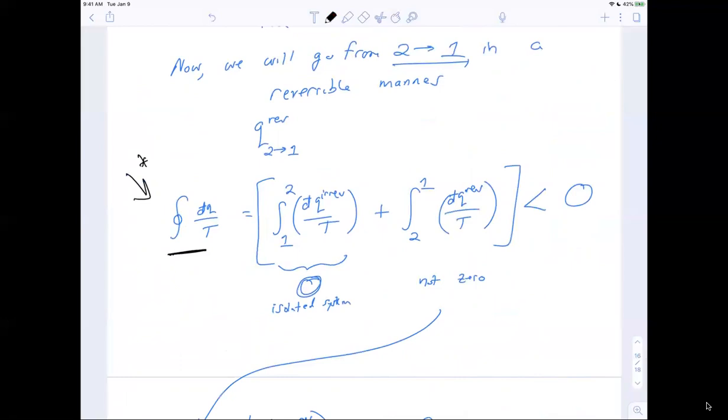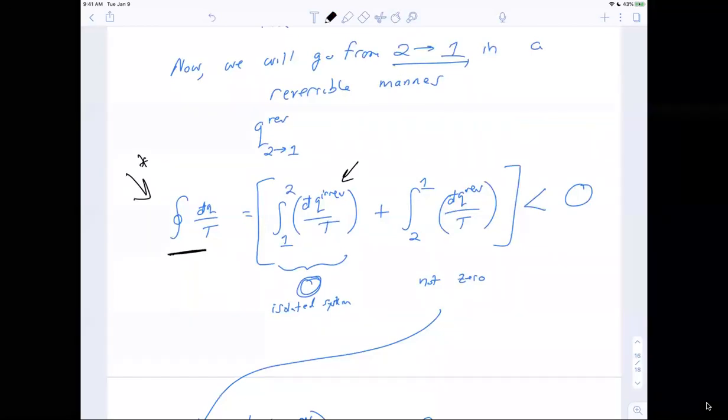There is no Q for that process. So the integral from 1 to 2 of dq over T, again, I reiterate, there's no stipulation of whether it's reversible or irreversible here. When we get to this point, we know that process 1 to 2 is irreversible, so now we can put in irreversible. But it was isolated, so that's going to be 0 because Q is 0.